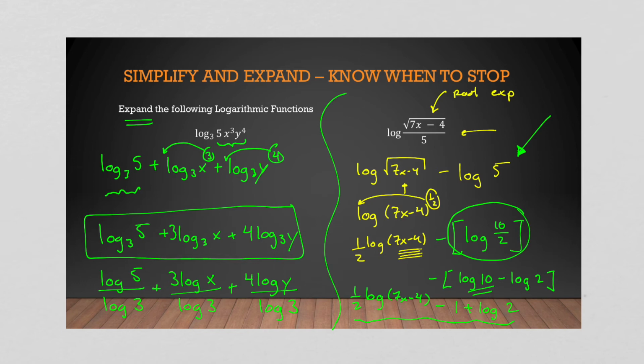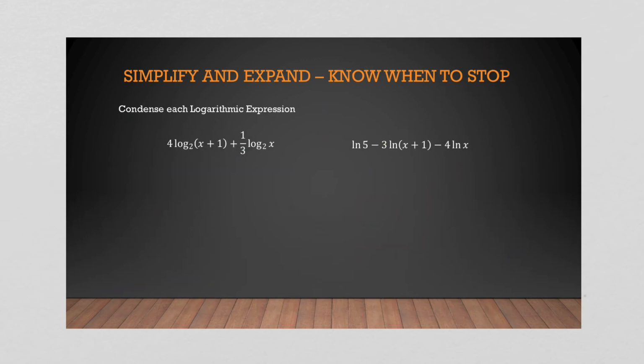So just be aware of it, but in reality, I'll just write it at the very top, this would have been enough: 1/2 log of 7x minus 4, and then minus log 5. That would be enough here because we're not actually solving, but just know that this is a funky little additional piece.